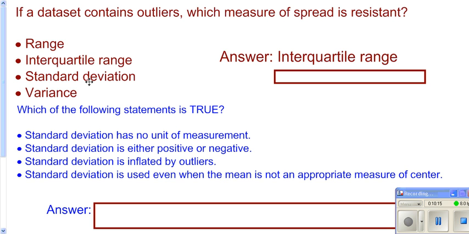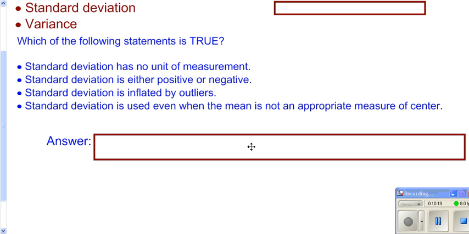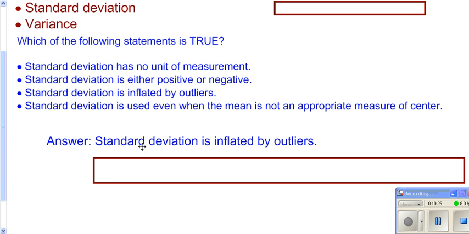These two here use your mean in the formulas, so they're going to be affected. Down here, which of these statements is true? Well, the true statement is that your standard deviation is affected by your outliers. Remember, your standard deviation always has the units of whatever your data is. Remember, your standard deviation is always positive.